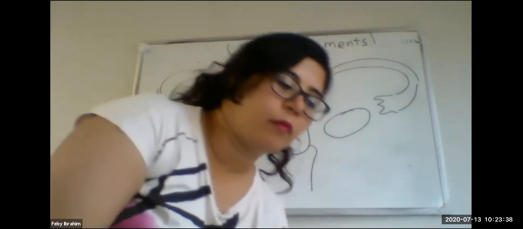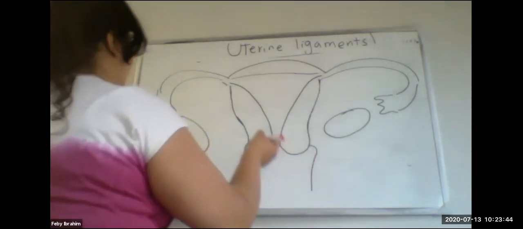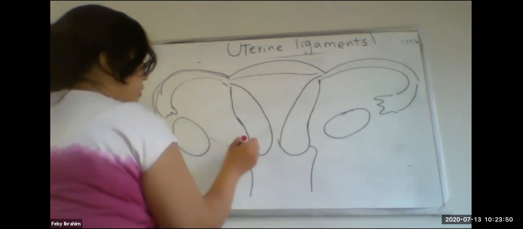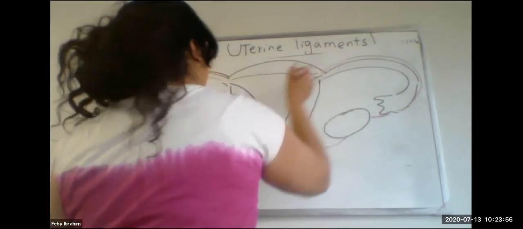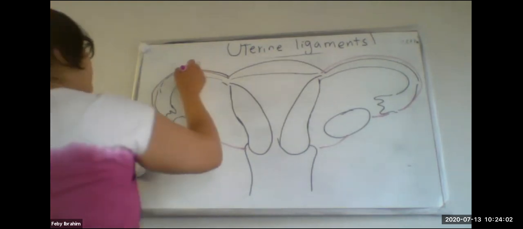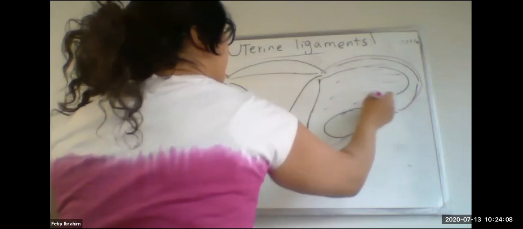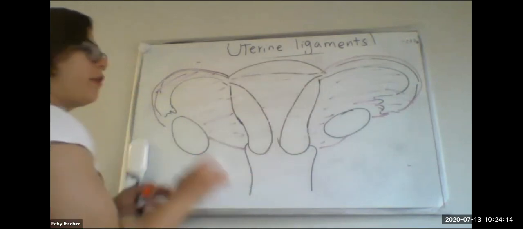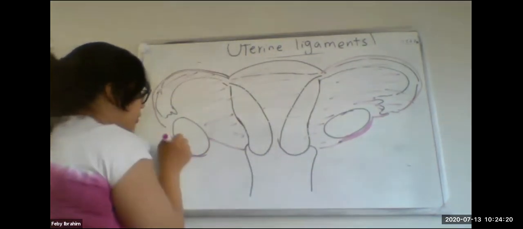Okay. So for the broad ligament, you're gonna see that it drapes over the uterus and the fallopian tubes, and is only attached to the ovaries posteriorly.